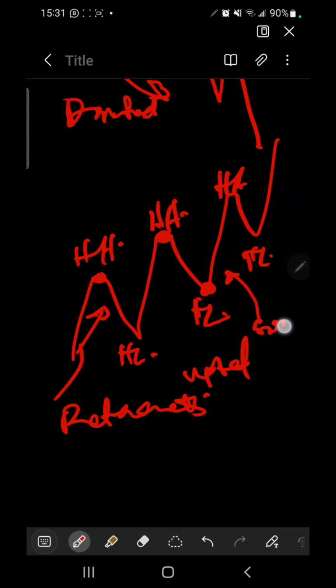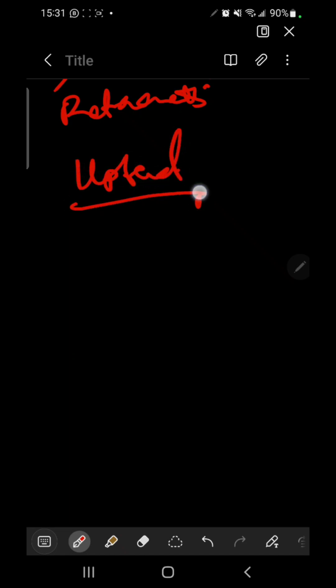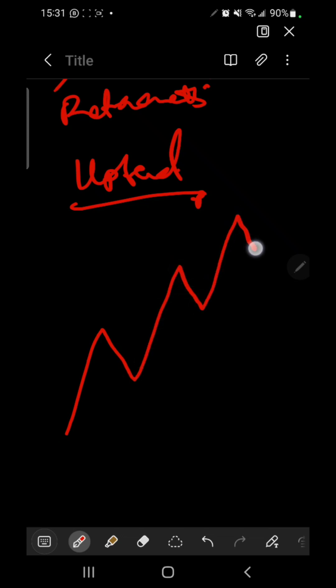Let me just give an illustration. Let's give an example of an uptrend. The market is trending upwards, so of course you're going to have your higher highs and your higher lows.